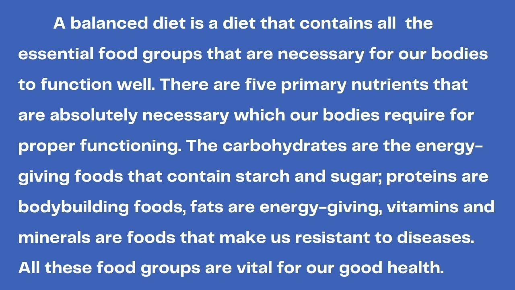Now let's examine each sentence and identify its relevance to the paragraph. The first sentence says, a balanced diet is a diet that contains all the essential food groups that are necessary for our bodies to function well. That sentence is expressing a point. Now we don't know as yet if that's the main idea, because the first sentence does not necessarily express the main idea. So let's read on.